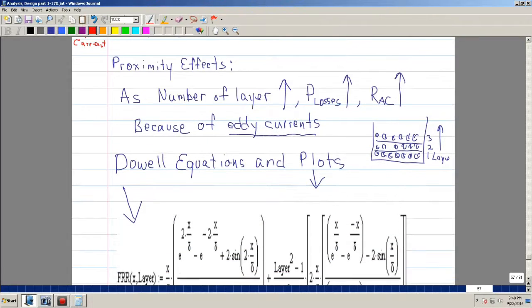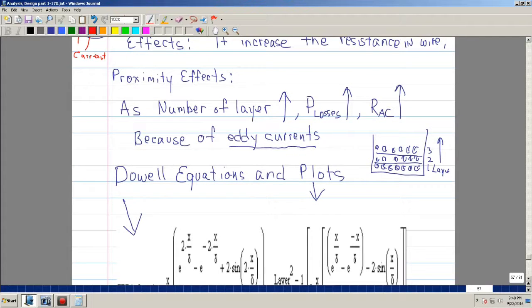Proximity. What's that? Well, this has to do with eddy currents. Let's say you have one conductor here and another conductor here. And let's say I put a dot in here, meaning that current is flowing into the page.